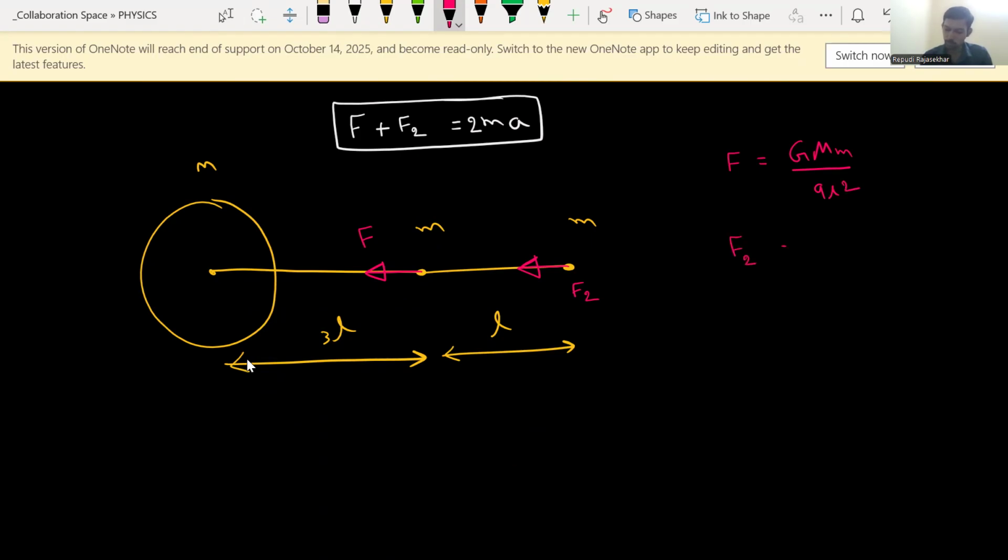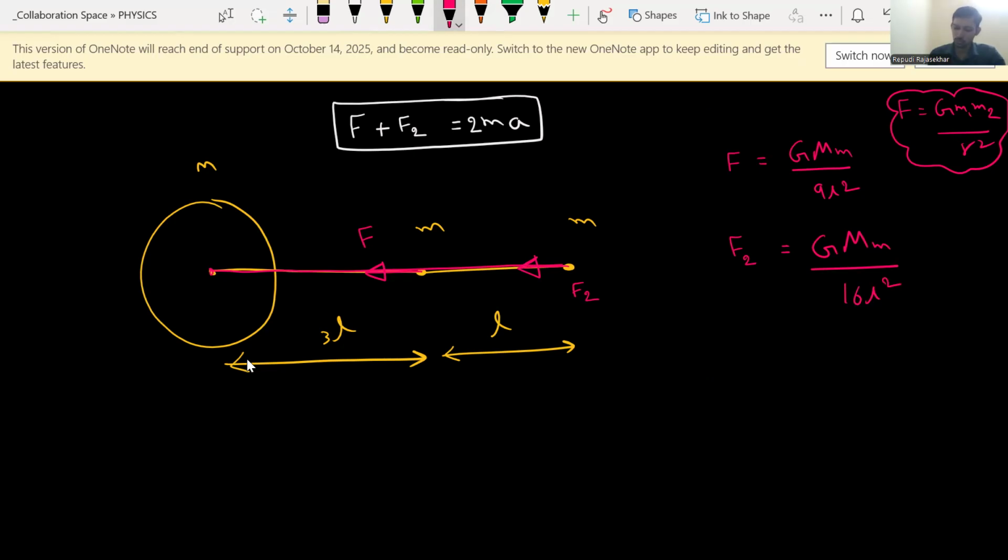Similarly for the F2 value, apply the general equation you know, F equals G m1 m2 divided by r square. F2 is G into M into small m divided by the total distance from this center to the last particle, that is 3L plus L, 4L square, which is 16L square.